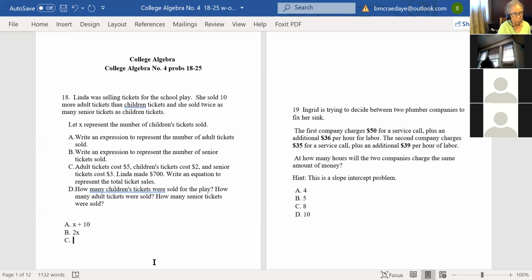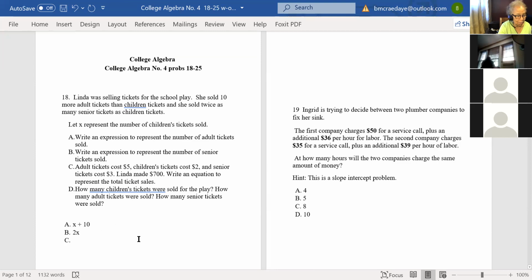Okay, let's do it this way. If adult tickets cost $5 and she sold 3 adult tickets, how much would that be, Audrey? $15. How did you get that? Multiply 3 by 5. So you want to do the same thing, but you want to put the X plus 10, right?